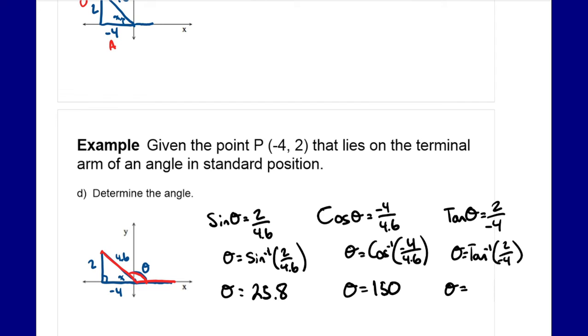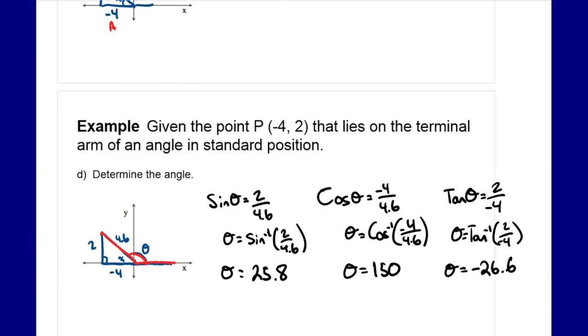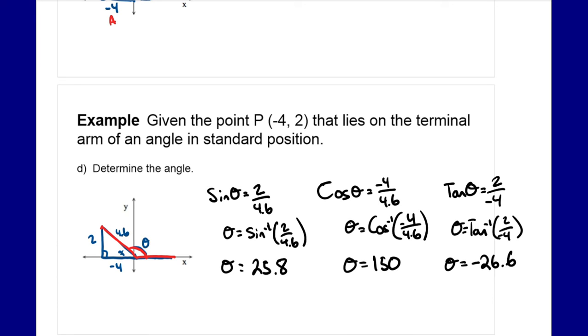And I get negative 26.6. So I get 3 different answers. Which one is correct? Which one works? I see tan and sine are relatively close together, but cosine is completely different. So which one is correct?